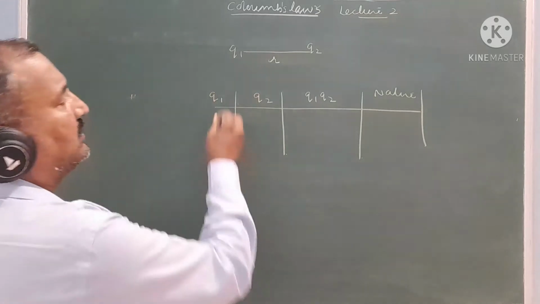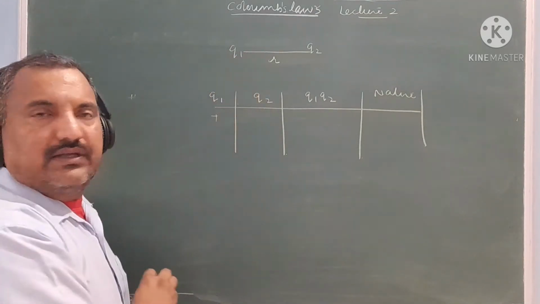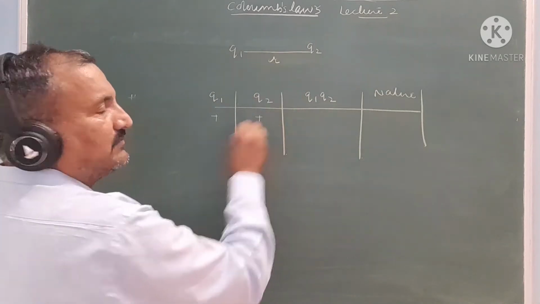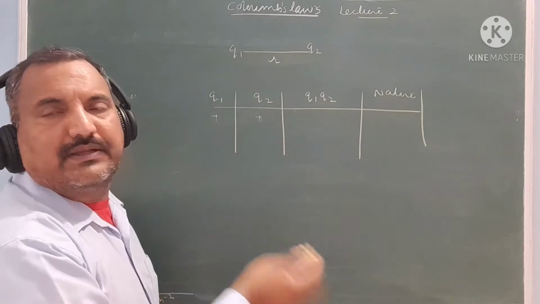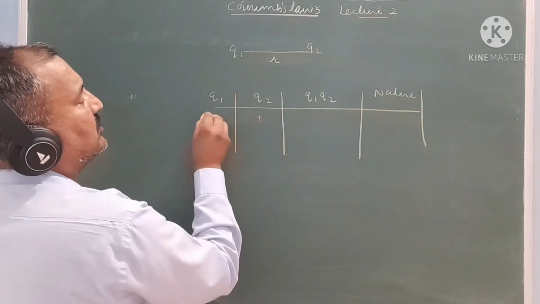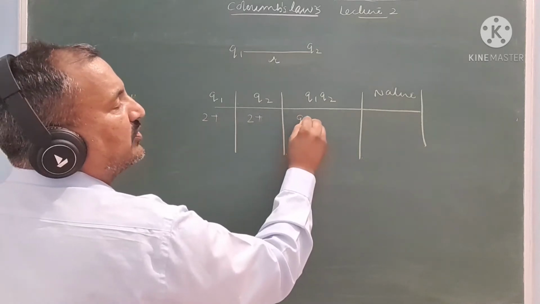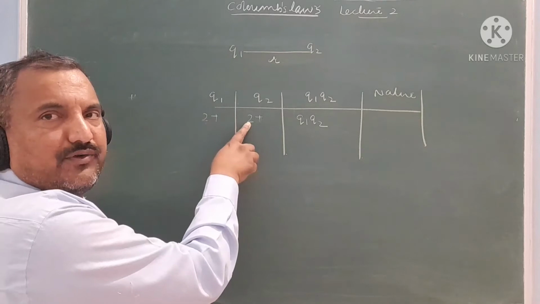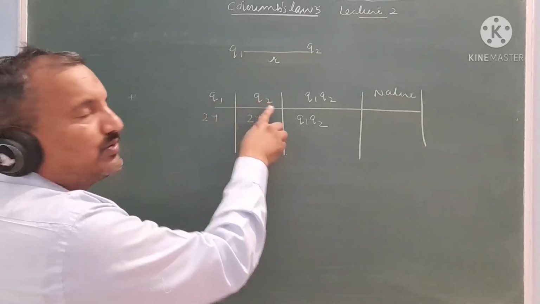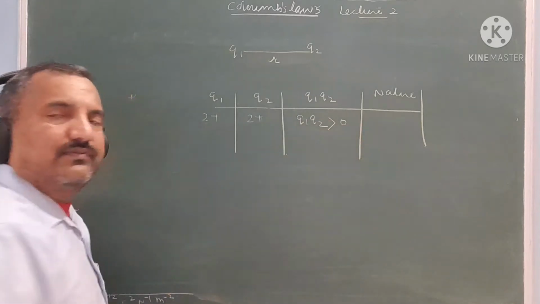If suppose Q1 is positive and Q2 is positive, then positive into positive will be greater than 0. Suppose 2 coulomb and 2 coulomb, the product Q1 into Q2 is 4, that means Q1 Q2 is greater than 0.